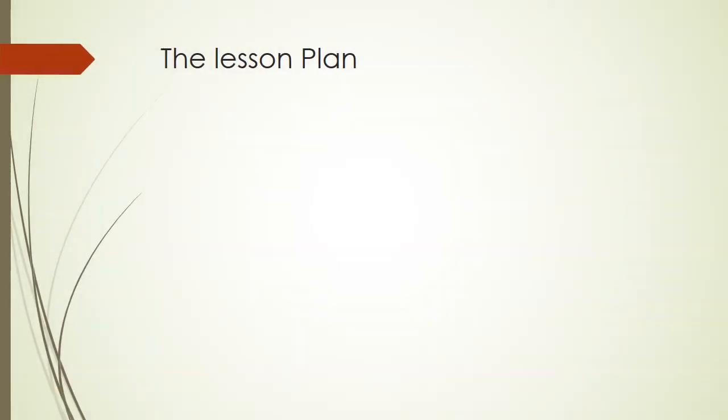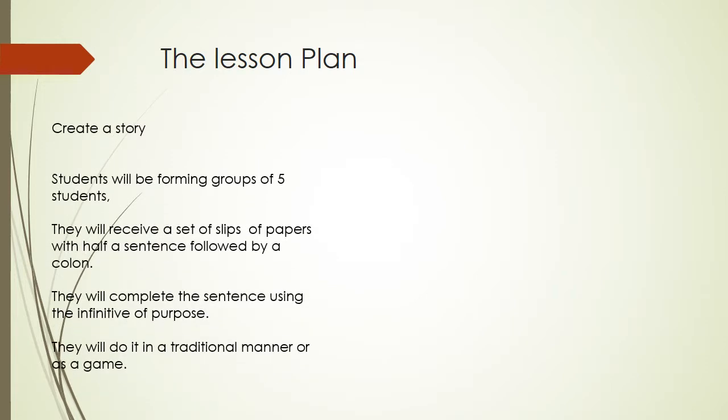here's the next part. The next part will be while doing the activity. So this is the part where students will be actually speaking and working as a group. So for example, we'll create a story, and what they will do is pretty simple.